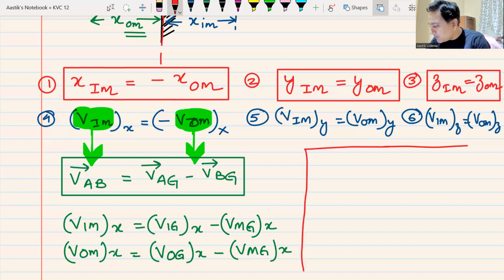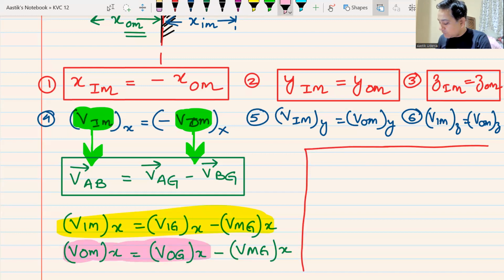Now I will put this together. Remember, this yellow one is equal to the negative of this red one. Yes or no? So now you can write them and see what is the result that you get.